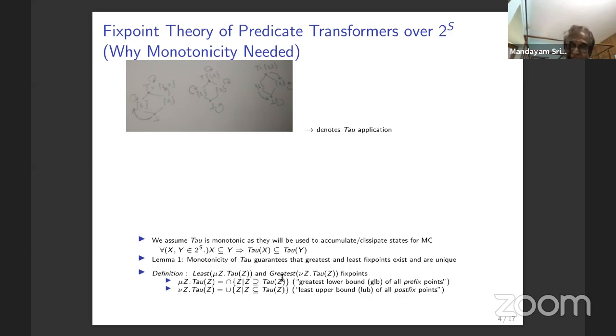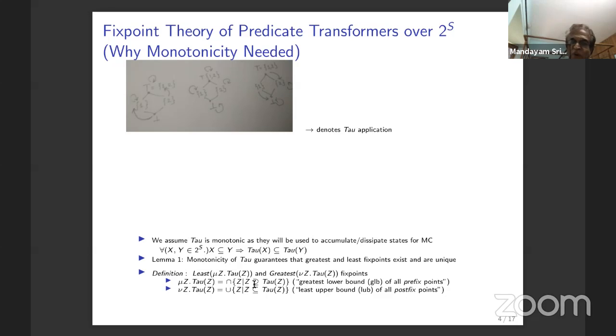But it is formally defined in this way: as the greatest lower bound of all what are called prefix points.